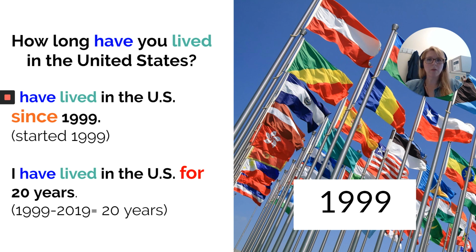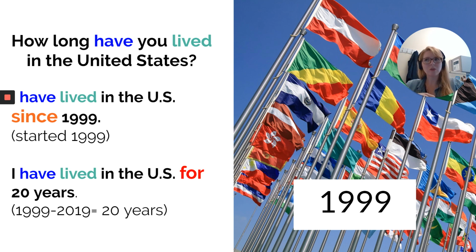We could also talk about how much time or how many years. With this, we use for. So, an example sentence here. Maybe you came to the United States in 1999. 1999 to 2019 is 20 years. So you could say, I have lived in the US for 20 years.